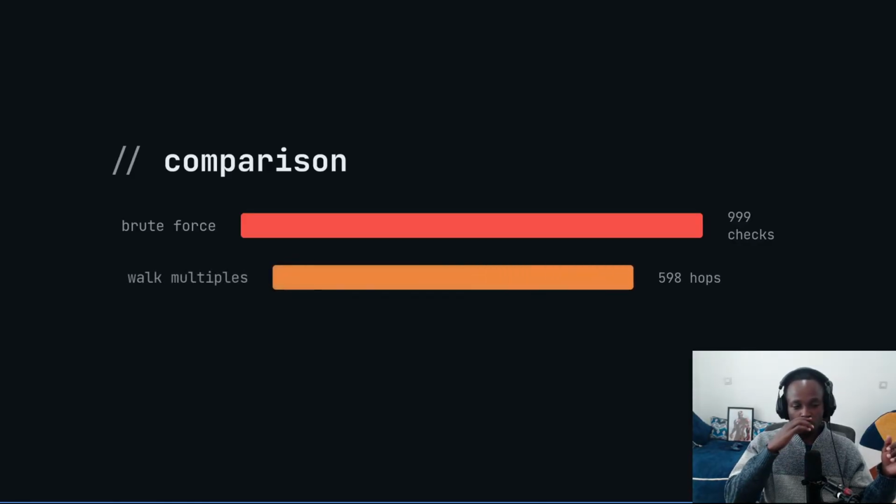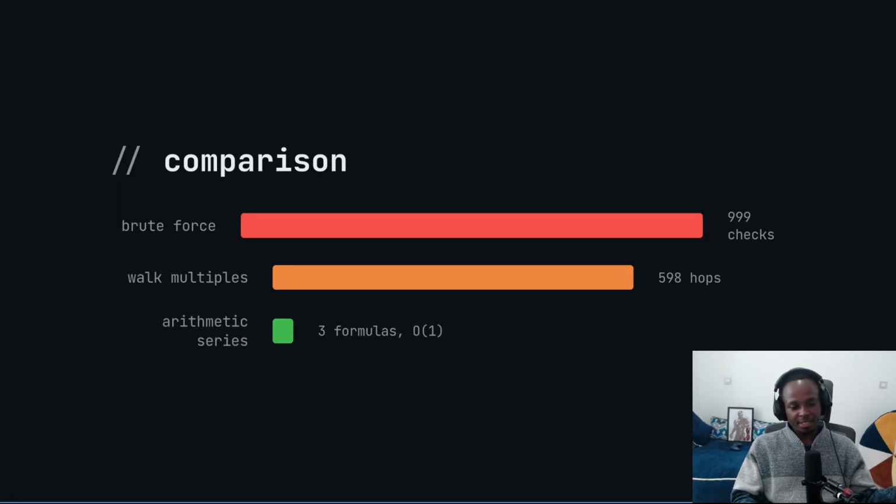And when just walking through the multiples, we'll have reduced the number of iterations by about 400. So when walking through the multiples, we'll be doing only 598, which is still pretty high for this question. But when using the arithmetic series, we are only calculating 3 instantaneous formulas. Now, I don't know much about big O notation, but I know an O of 1 when I see it.